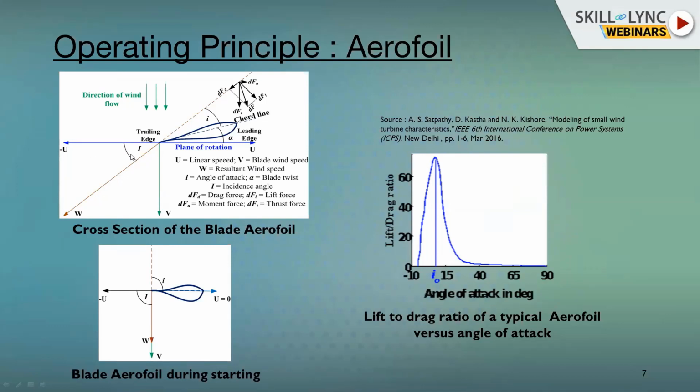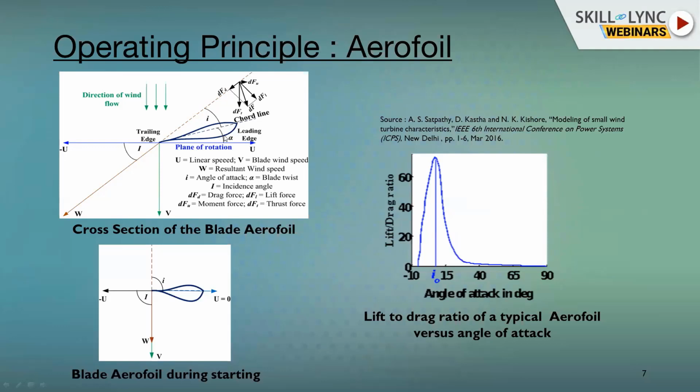If this capital I reduces, then this small i will also reduce, because this line will shift towards the chord line. So the angle of attack will reduce. If the angle of attack reduces, then we are seeing that the lift to drag ratio will reduce. Then how do we ensure that this i is maintained at i0 throughout the blade? What we have in our hand is the blade pitch.